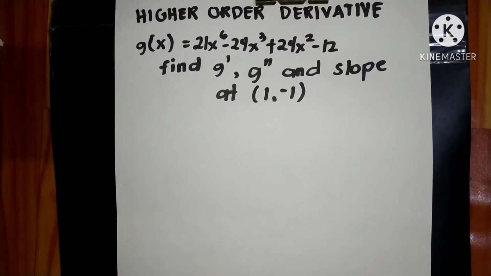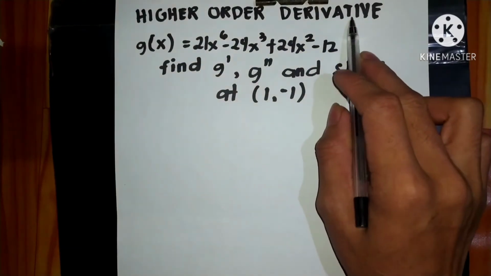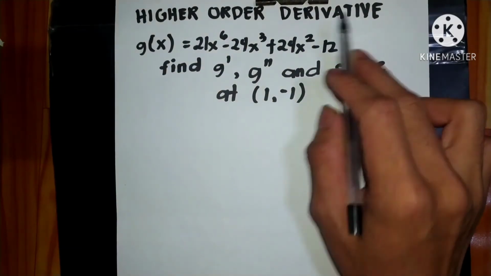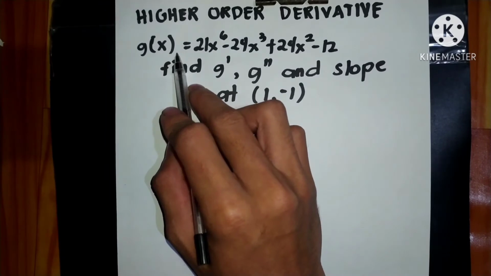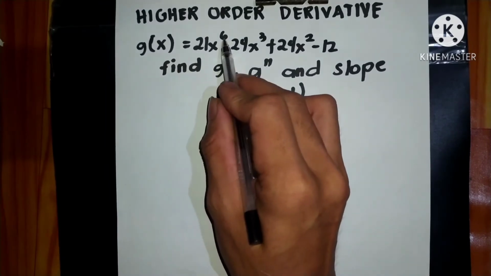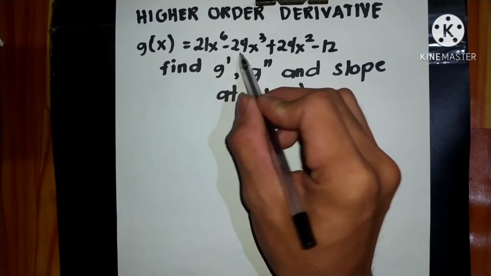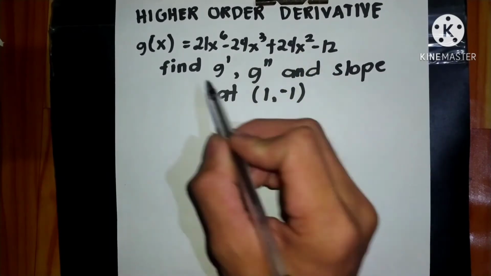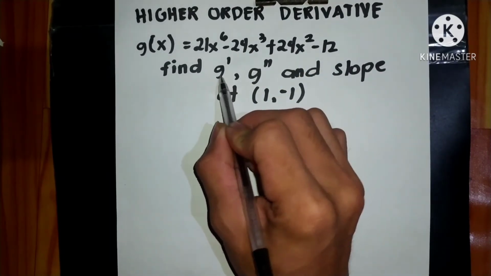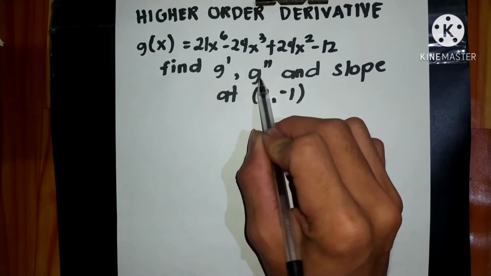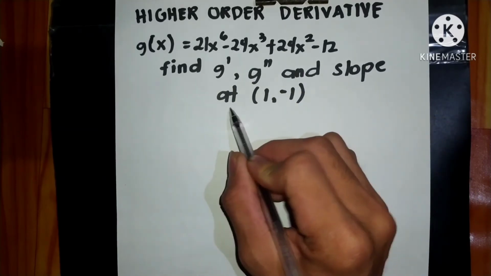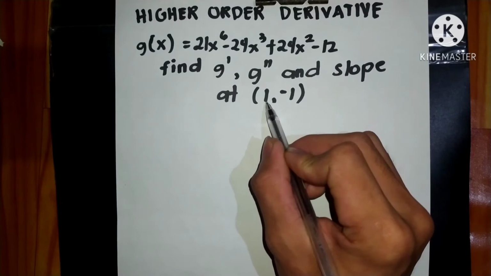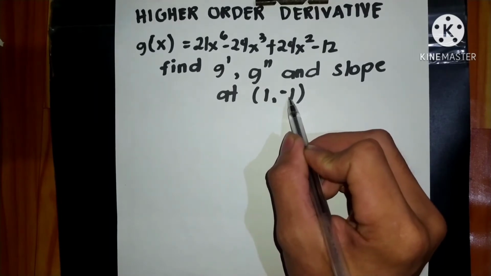Ngayon, pupunta tayo sa higher order derivative. So, we have the g of x is equals to 21x raised to the power of 6 minus 24x cubed plus 24x squared minus 12. So, we have to find the first derivative, the second derivative, and the slope at 0, 1 and negative 1.